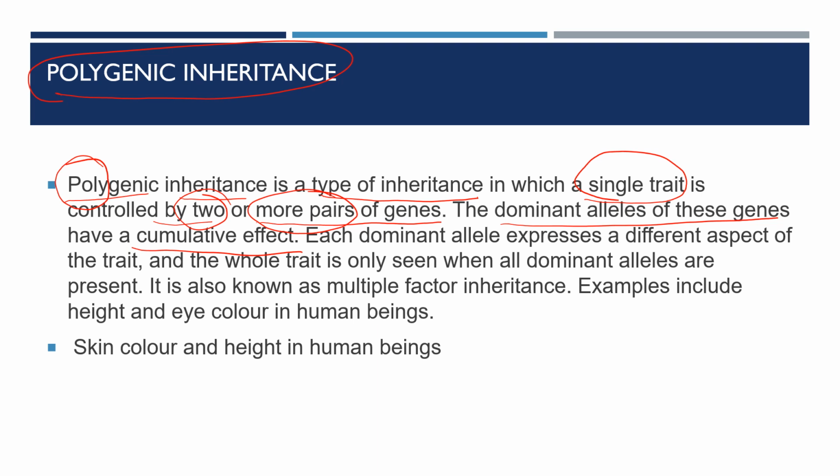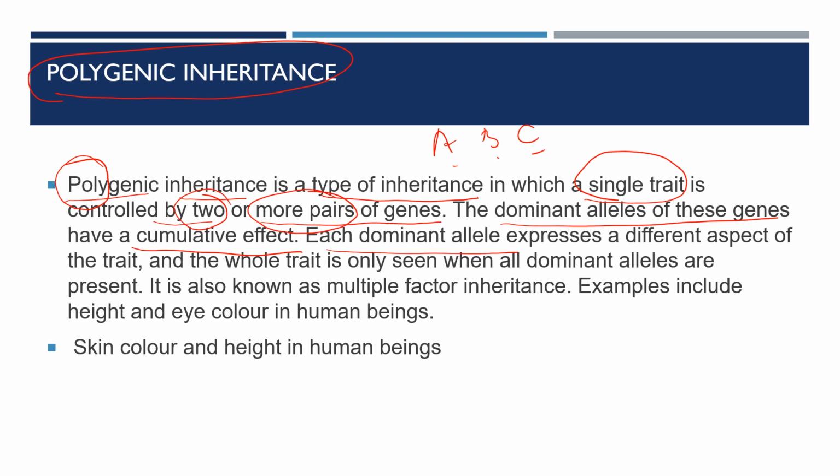Suppose there are three genes A, B and C. They have a cumulative effect, so the three genes combine together to show a single character. That is the main point of polygenic inheritance.